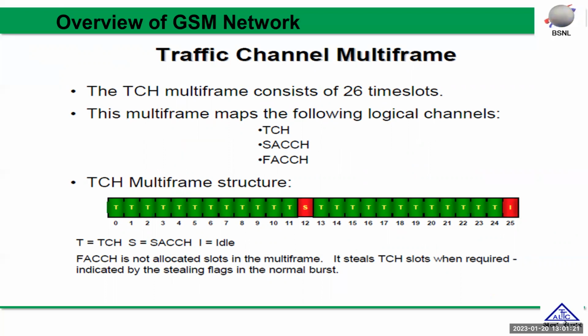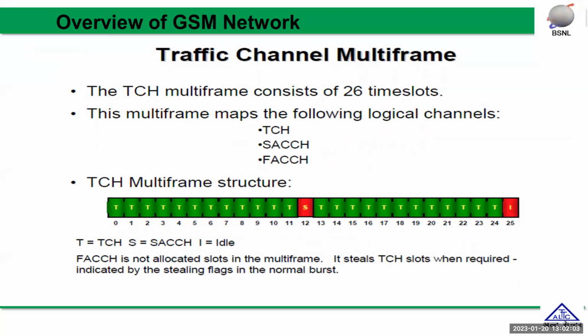The first one is the traffic structure, a burst structure using a fixed pattern in the GSM network. For the traffic channel, this is the 26 frame multi-frame. Frames 0 to 11 carry traffic bursts, and frame 12 is used as the slow associated control channel. The last one, frame 25, is used as idle. T stands for traffic channel burst, S for SACCH burst, and I for idle.